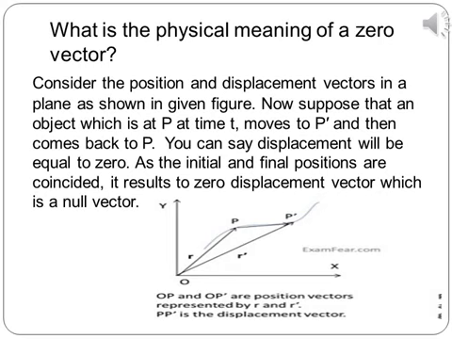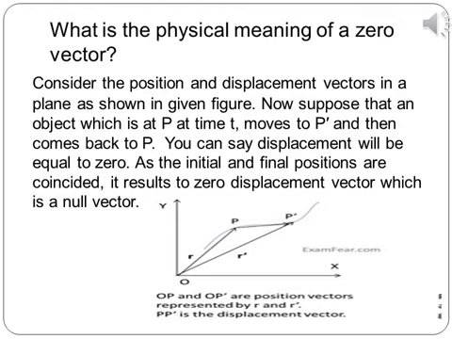There is a question you need to answer now. What is the physical meaning of a zero vector? Consider the position and displacement vectors in a plane as shown in given figure.